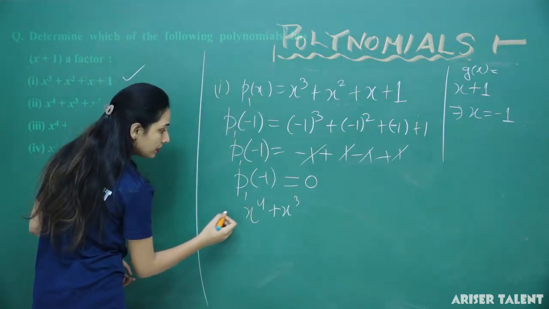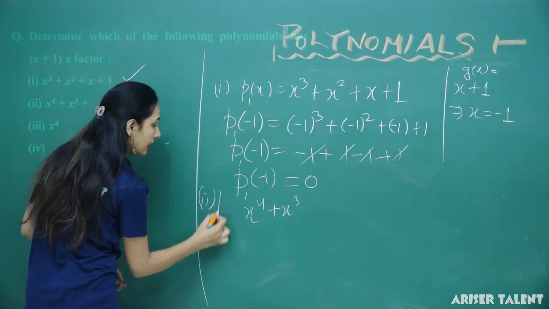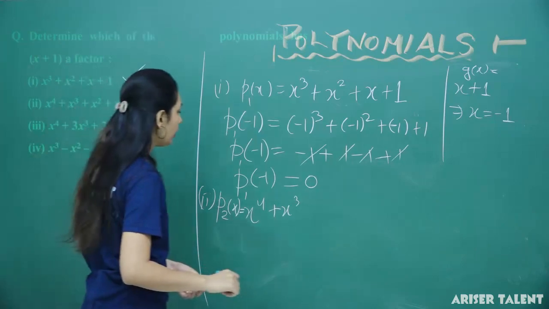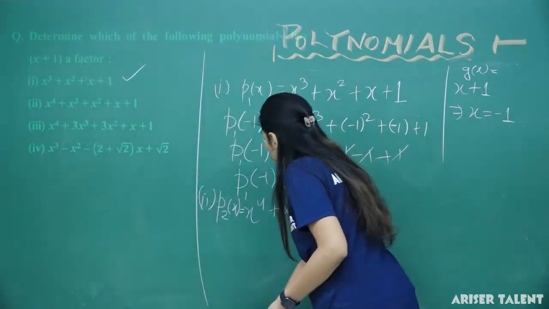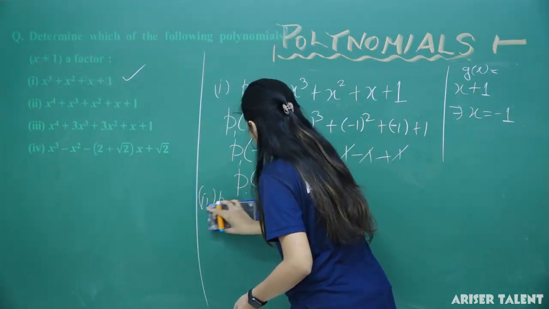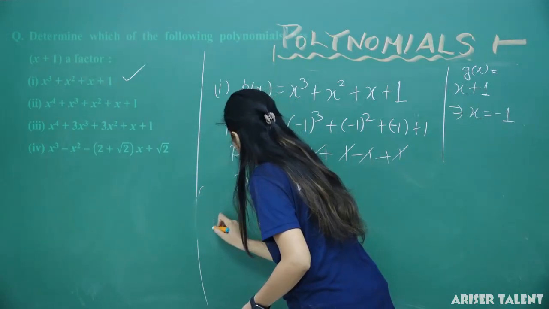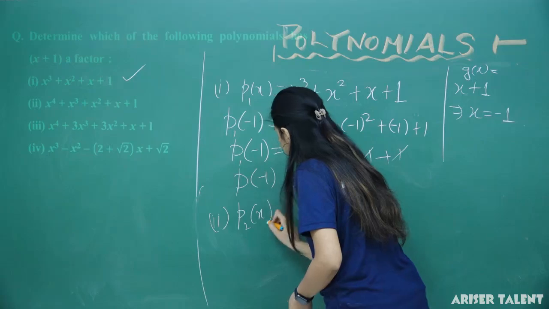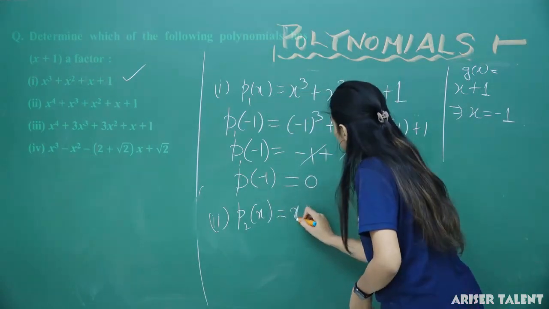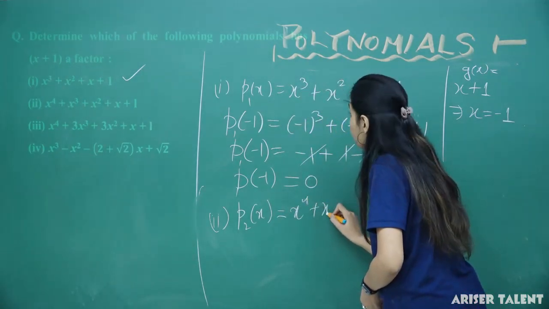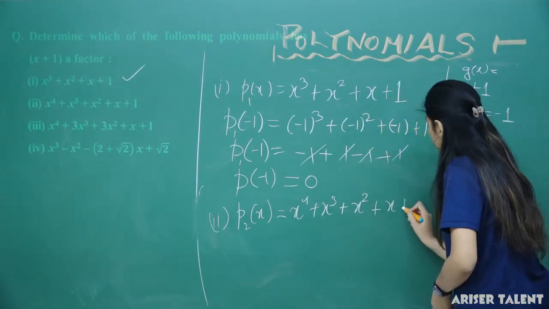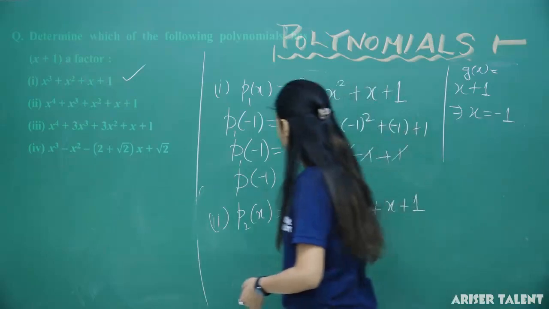Now, this is our second polynomial, that is P2(x), and that is given as x to the power 4 plus x cube plus x square plus x plus 1. Yes or no?